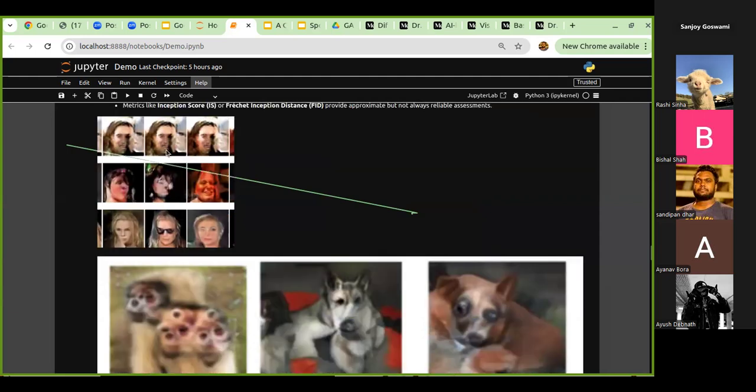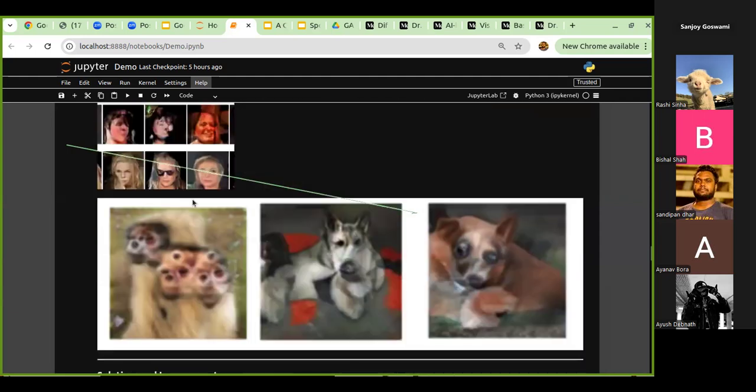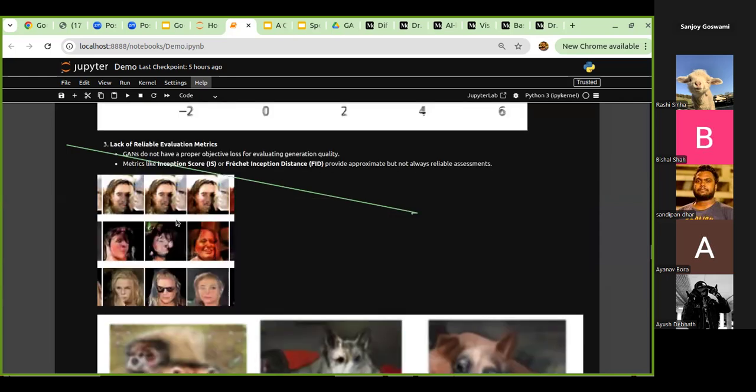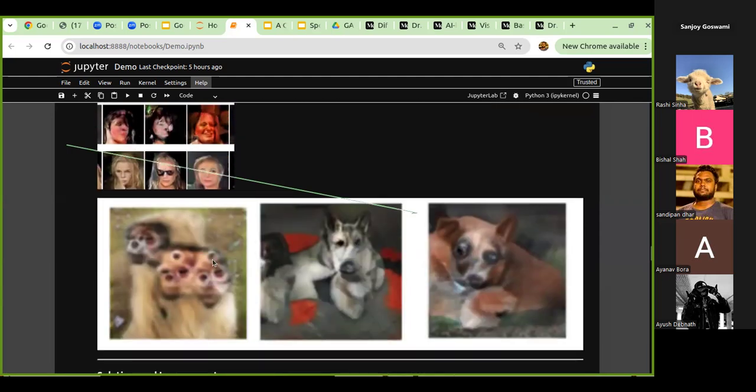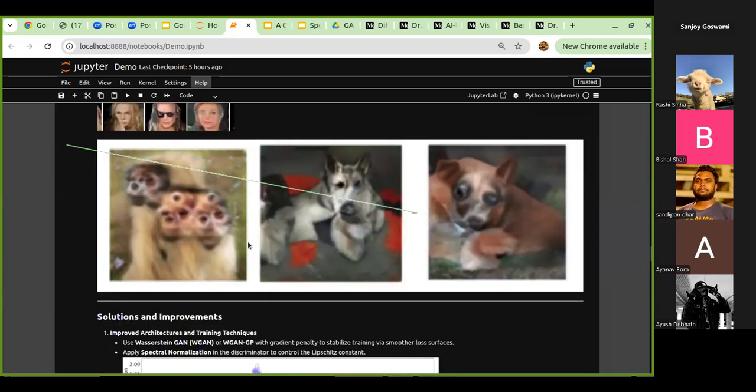This is an example. See, there were multiple types of animals in a training set, multiple types of celebrities in an image set. That's why when it generates the image, it is so distorted. Just looking at it, you can find the distortion. So when multimodal distributions are there, it is often very difficult for the GAN model.